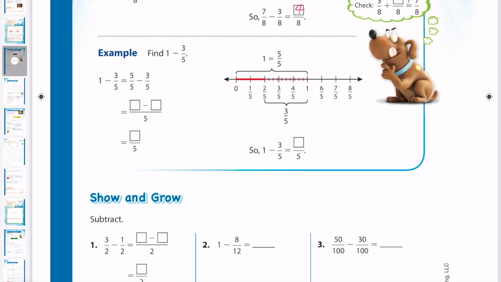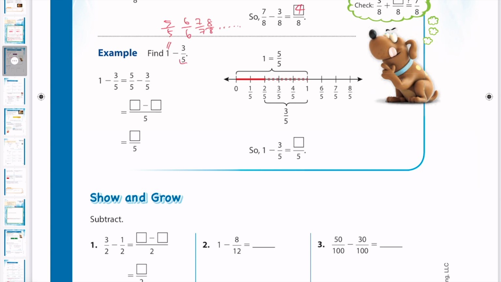Find 1 minus 3 over 5. 1 can be any fraction. You know that, right? Any whole number can be any fraction, which is it can be 5 over 5, 6 over 6, 7 over 7, 8 over 8, continues. One whole pie can be split into different numbers.